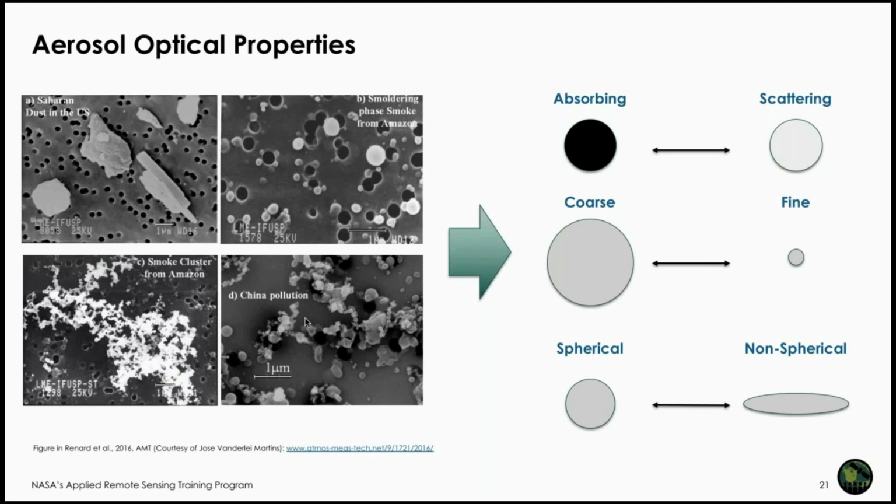To calculate these optical properties using a computer, aerosols should be considered more simply, like the right part, in terms of absorbing or scattering single scattering albedo, and coarse or fine. It represents the aerosol size and the shape of aerosols, like spherical or non-spherical. To retrieve aerosols from satellite, these simplified assumptions are required.